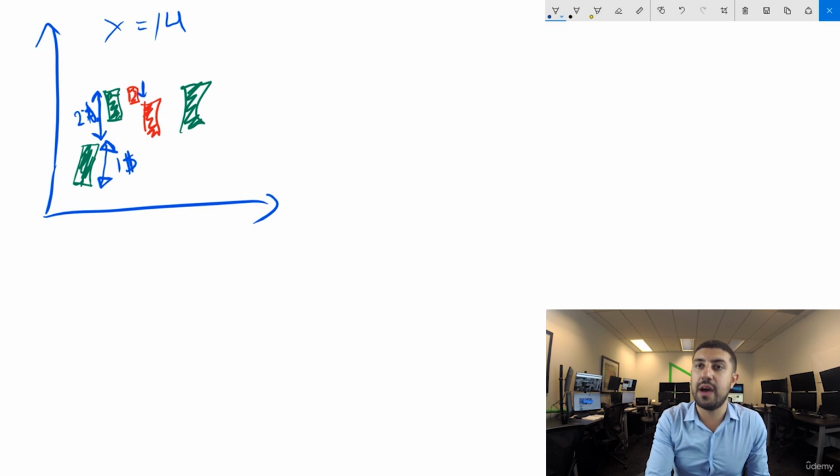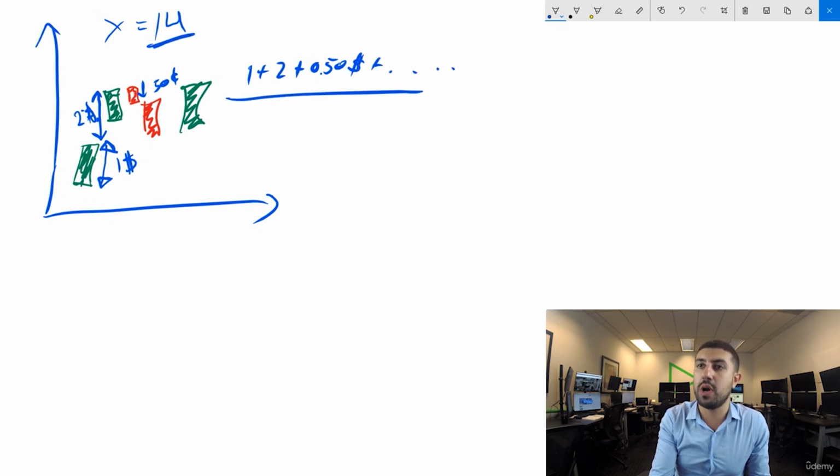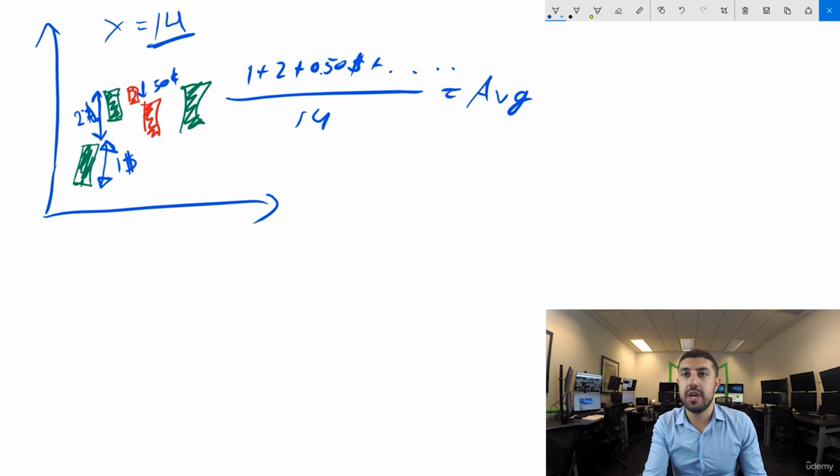This day it went down 50 cents. So we add all of these up, 1 plus 2 plus 50 cents plus all of them. We divide them by the total quantity, and then we get the average. And this is exactly what we call the average true range. So it's going to give us the average amount that a stock moves in a day in dollar value, not in percentage.